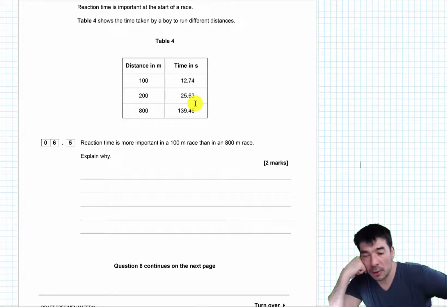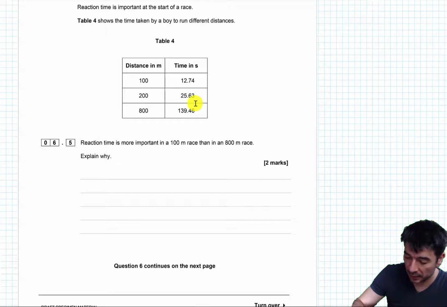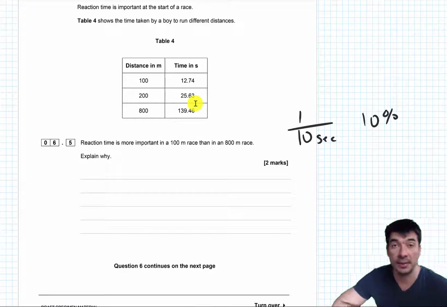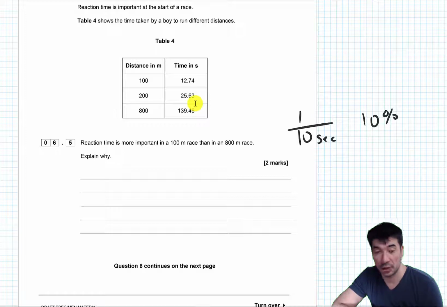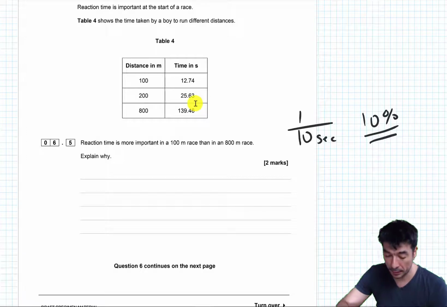If you could run 100 meters in say 10 seconds, like say Usain Bolt does most of the time, then that 1 second reaction time is 10% of the race. So if you could make your reaction time only half a second, you will save yourself 5% of your total race time. So it will make a big difference. 10% saving, quid's in, right?